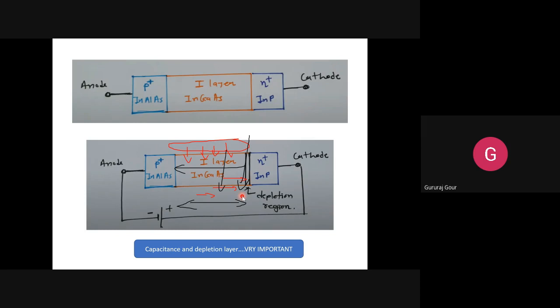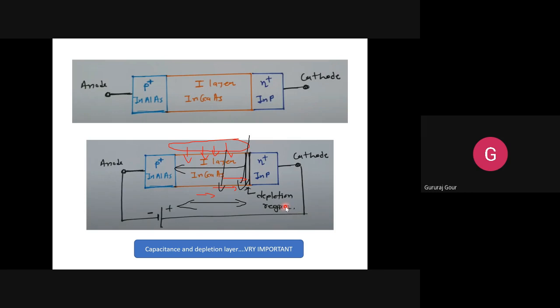Two currents are flowing. Remember, all of you listen here carefully. In the reverse bias mode, two currents are flowing. In the forward bias mode, there also two currents are flowing. In forward bias mode, one current is flowing because of the majority carriers, because of the forward bias condition. Another current is flowing because of the small number of photons absorbed by the intrinsic or depletion layer.